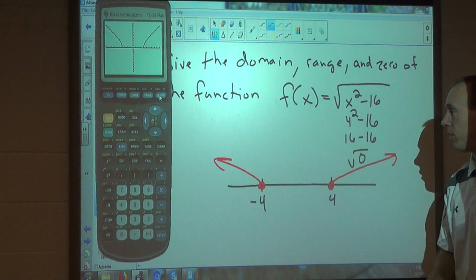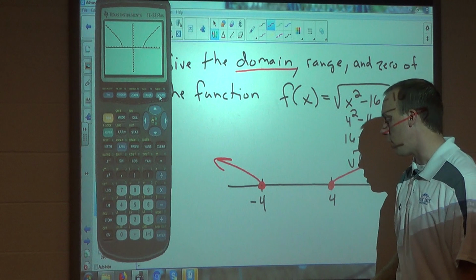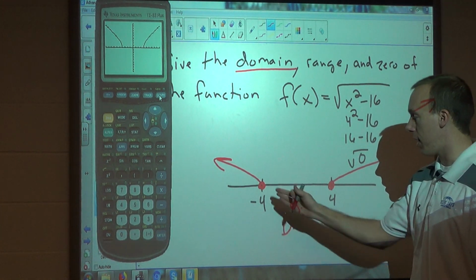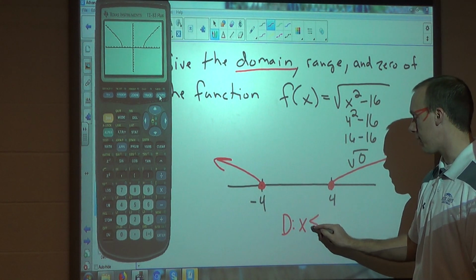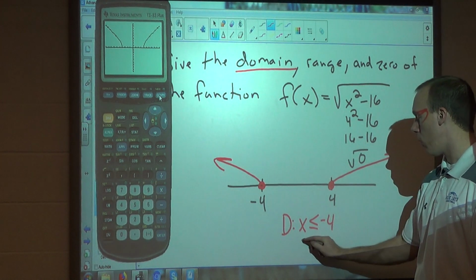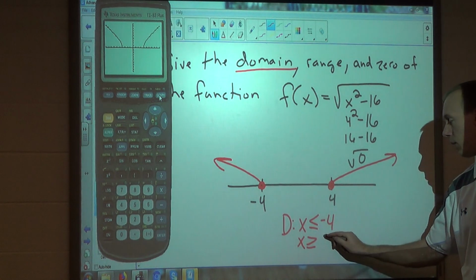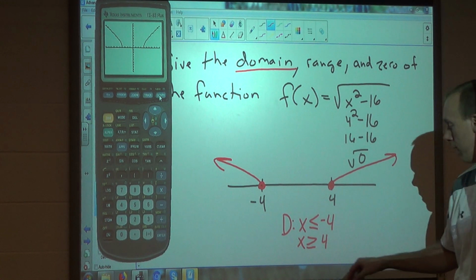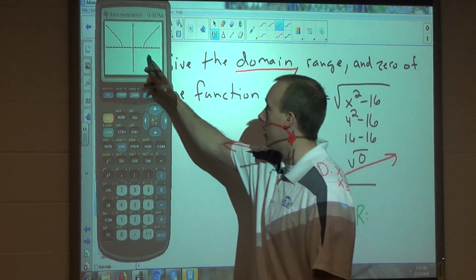So since it goes off in those directions, how do I say the domain, which are the x values that are showing? So my domain, it's showing everywhere to the left of negative 4, so that's x is less than or equal to negative 4, or x is, which way is this showing? To the right, so greater than or equal to positive 4. That's my domain. Okay, the range, the y values that are showing. Well, is there anything below the graph here?